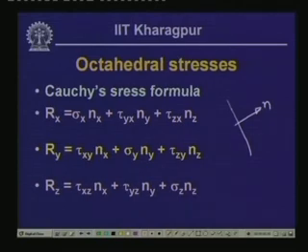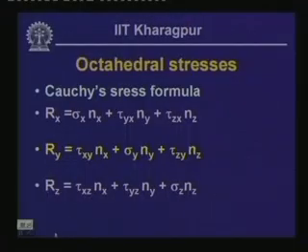Now, we have already seen the octahedral planes are the planes which are equally inclined to the three principal reference axes sigma 1, sigma 2, sigma 3. Thereby, if we take the stress in the sigma 1 direction, we will have only sigma 1 and the shearing stresses will be absent, because the principal plane does not have the shearing stresses.